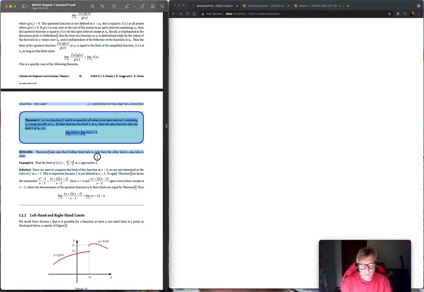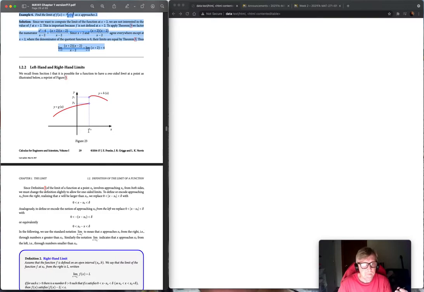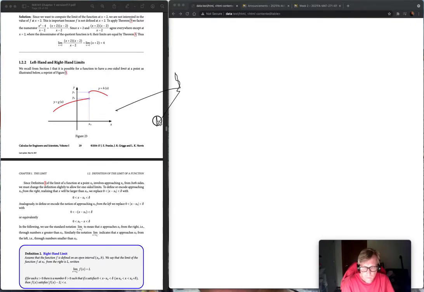All right, so real quick, last week we also talked a little bit about left and right hand limits. And so in this picture, let's see if I can get over here and get to my pen again. I have to be careful how I use this thing.